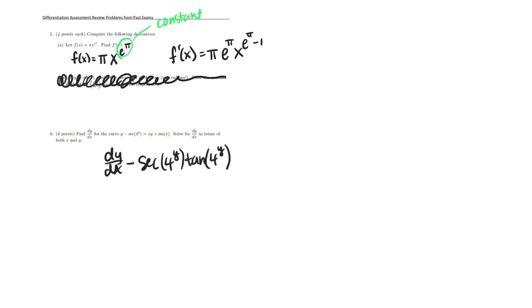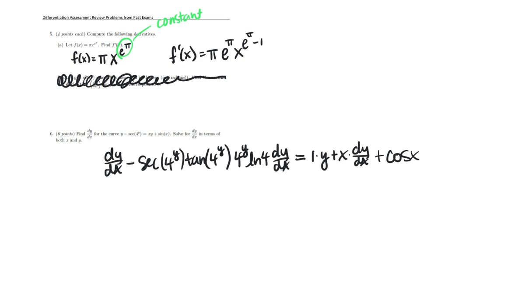And then I'll need to take the derivative of the 4 to the y, which will be 4 to the y times the natural log of 4, and then the derivative of the y itself, so that's dy dx. The x times y, we'll have to use product rule, so it'll be 1 times y plus x times dy dx. And then I'll have plus the derivative of sine x, which is just going to be cosine x.